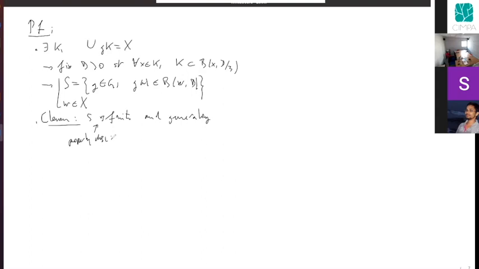It's enough to, for instance, look at the compact set L1. I have to change letters. You can look at L1, which will be the singleton W, and I can take for L2 the closed ball.